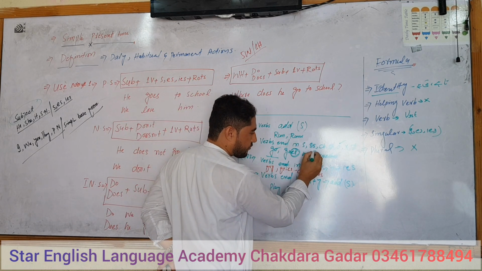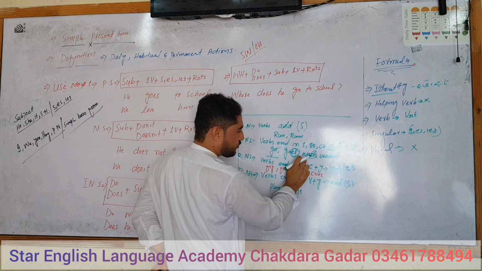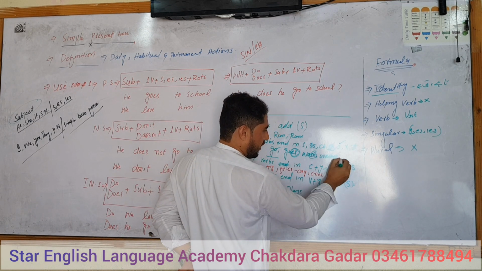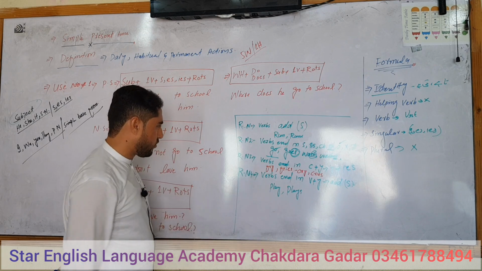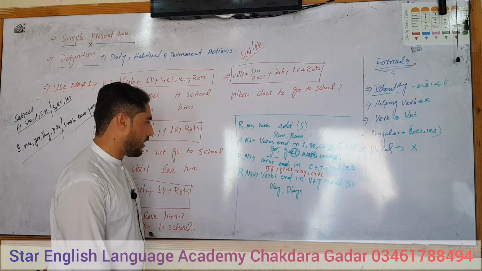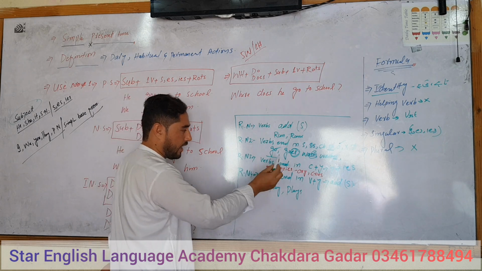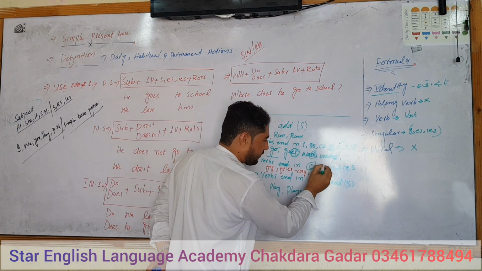And the second one is wash, sh. This wash ends in sh, so we will add es. And there are also many more letters you can write by yourself. And the third one, when a verb ends in a consonant plus y.